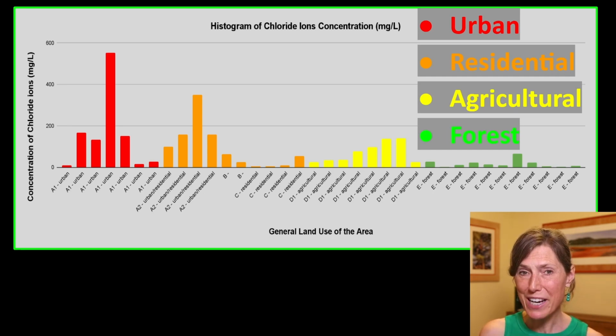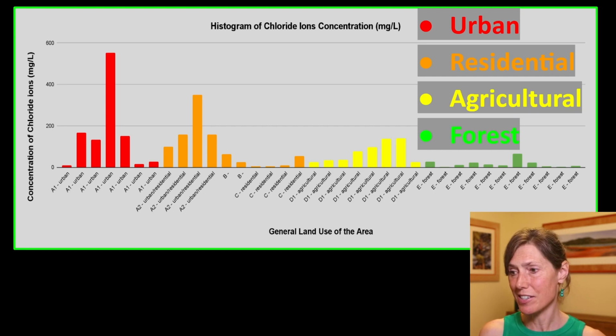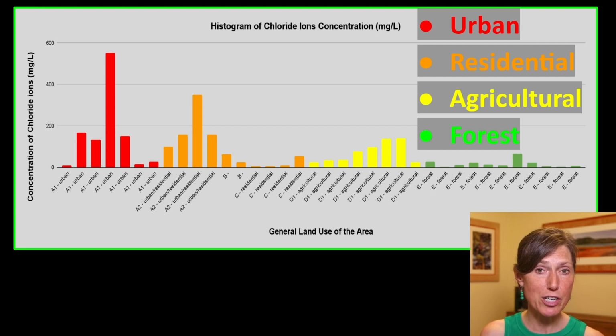The overall big idea takeaway is that in areas where there's mostly forest, you see a lower concentration of chloride ions present in the watershed. Whereas in urban and urban/residential areas, you see that the chloride amounts are definitely higher, peaking at roughly 400 to 500 milligrams per liter water.